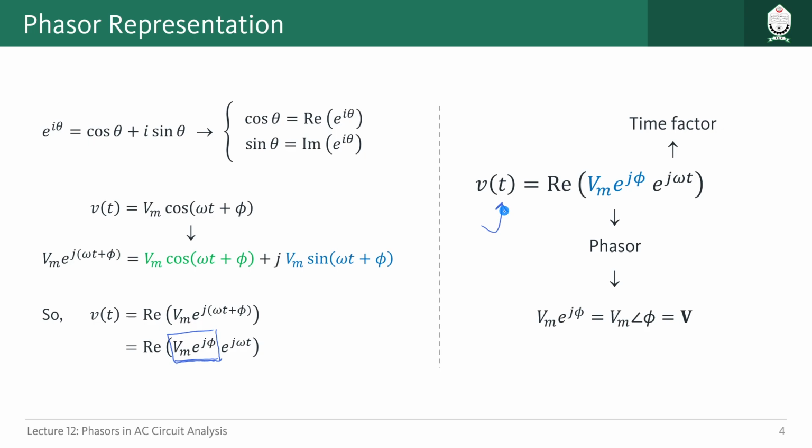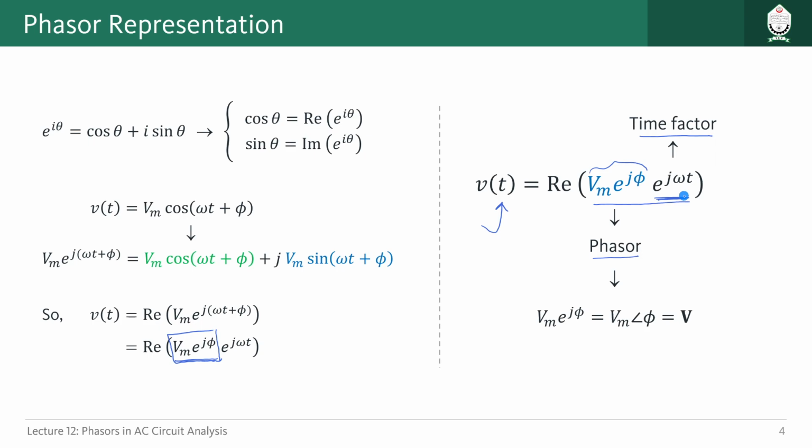What we have done is taken the real portion of our total complex exponential, and this portion here, without the time factor, can be called the phasor, and e to the power j omega t is the time factor. So we will have the phasor as well as the time factor, but the benefit is that now we can separate the phase portion from the time factor.